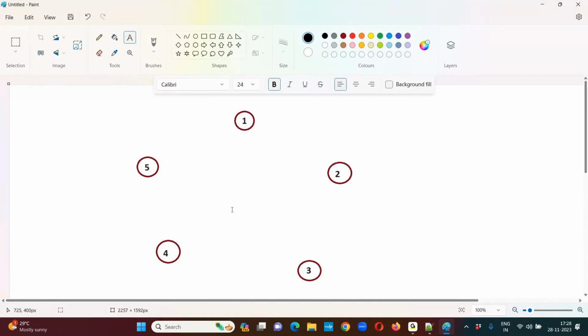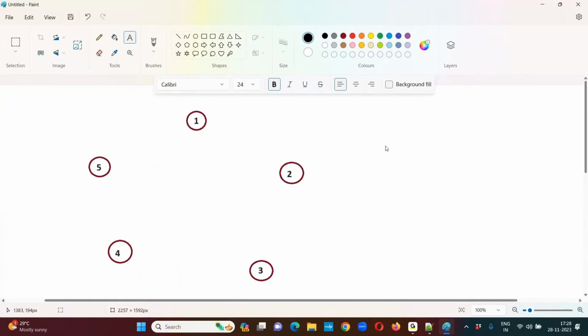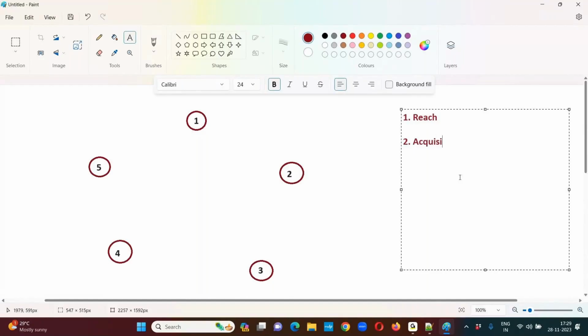Then what exactly is each stage? Now let me explain. The first stage is nothing but the reach stage. Stage 1, this is the reach stage. Second stage is the acquisition stage. Third one, conversion stage.